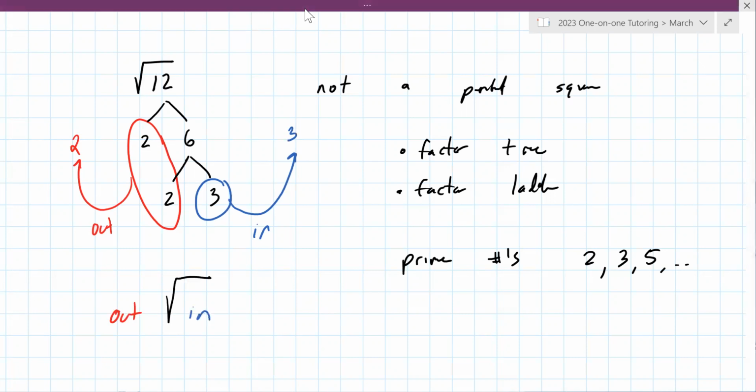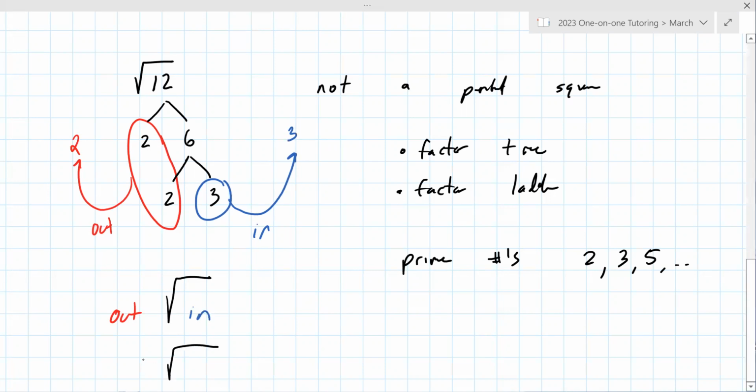And you can see here pretty quickly that the part that comes out is the 2. There's 1, 2 that comes out, and a 3 that stays in. Now the idea here is that for each pair, only one number comes out. So even though there's 2 here, only 1 comes out.